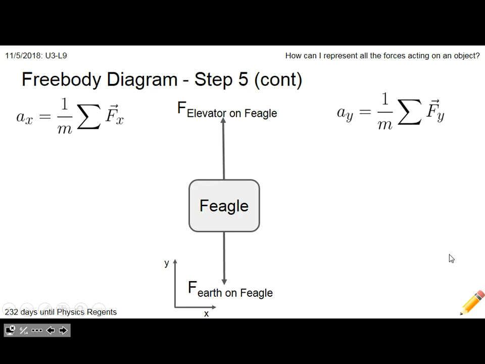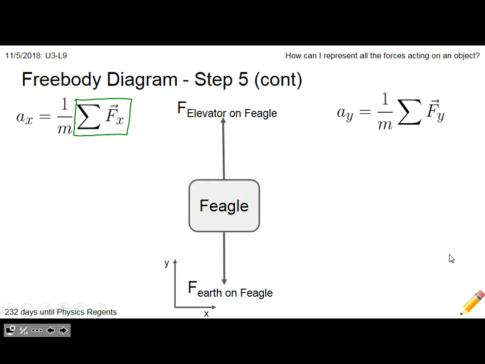So I'm putting the mass as a fraction out in front. Because the piece that we're working on is this: what do I get when I add up all of the forces in the x direction? I'll get a number, or it could be 0 or whatever, but I'll get something, and then I'll divide it by the mass, and I've got my acceleration.